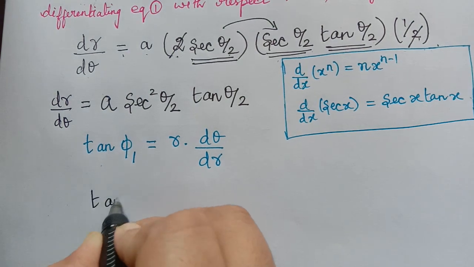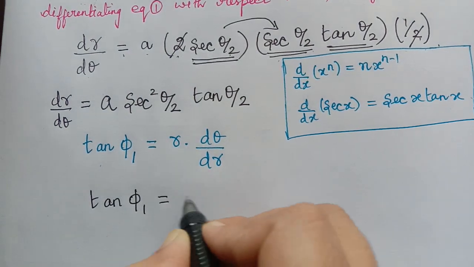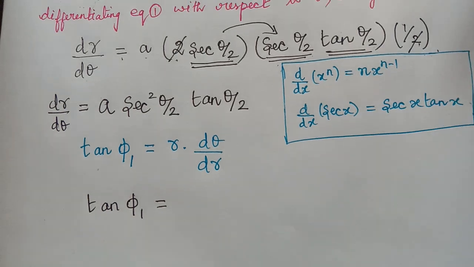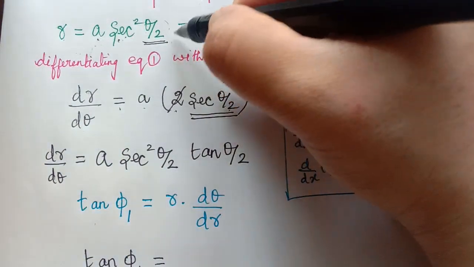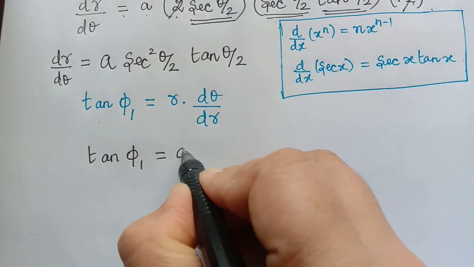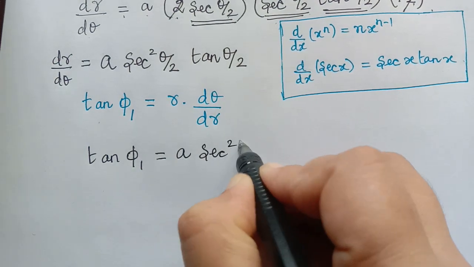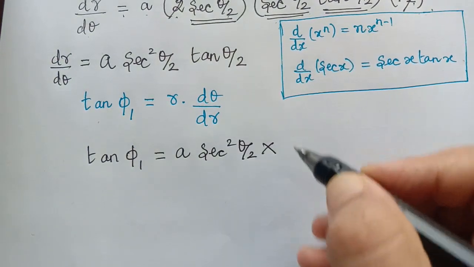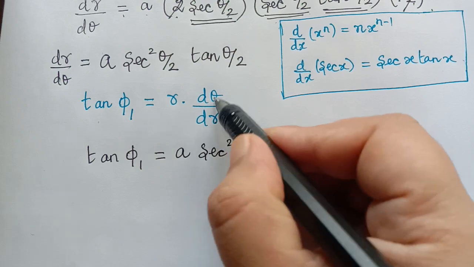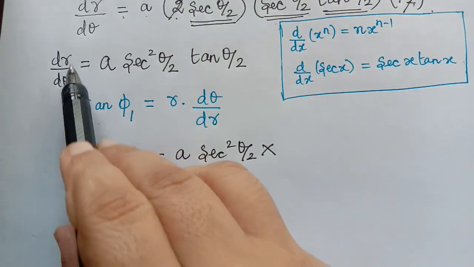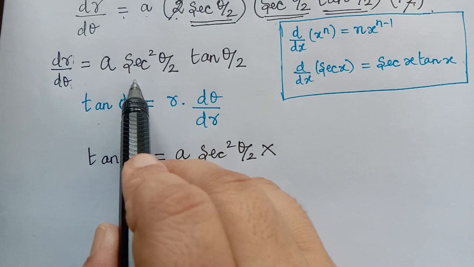So tan φ1 will be equal to a sec²(θ/2) multiplied with dθ/dr, which is the reciprocal of dr/dθ.